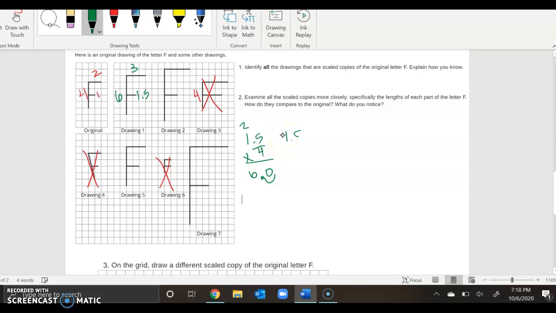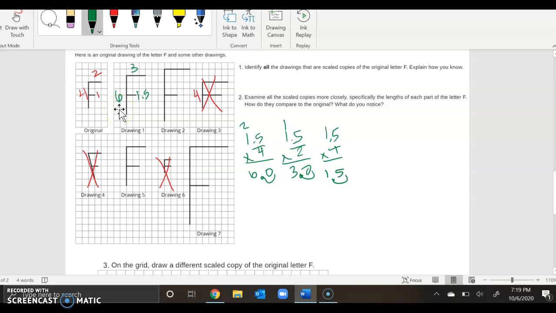If I multiply 1.5 times 2, that's going to give us 3. And if I multiply 1.5 times 1, that gives us 1.5. So you can see I took my original number 4 and multiplied by 1.5, my original number 2 multiplied by 1.5, and my original number 1 multiplied by 1.5, and I got 6, 3, and 1.5, which are the new measurements of this letter F.